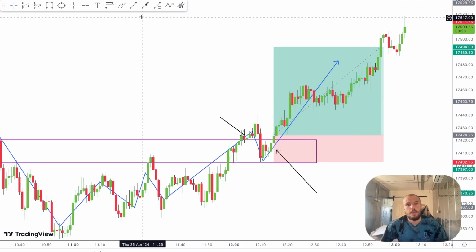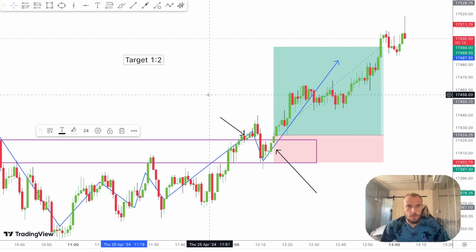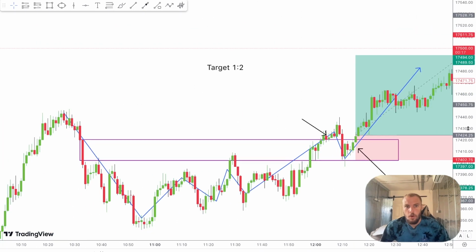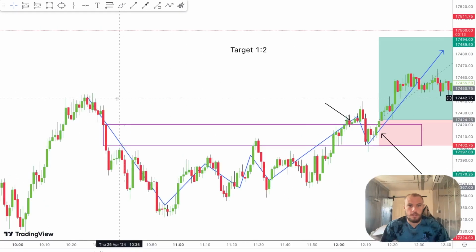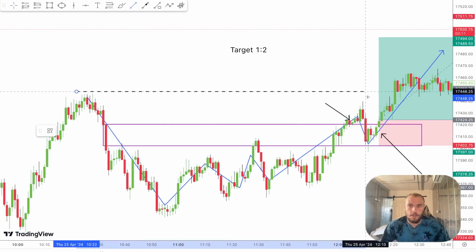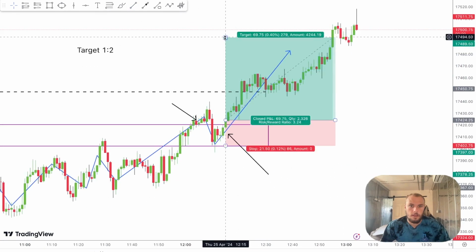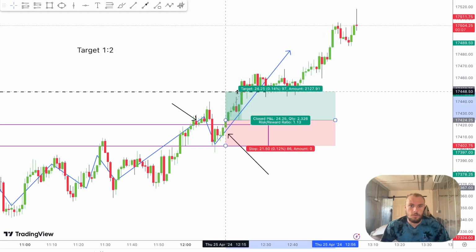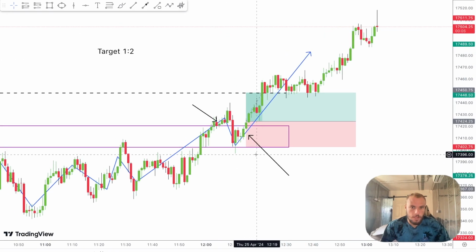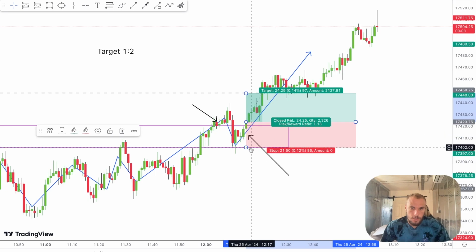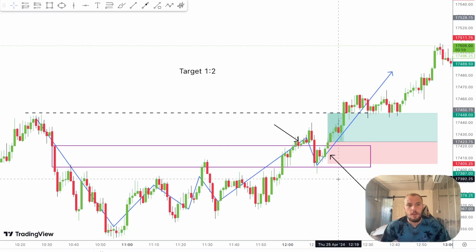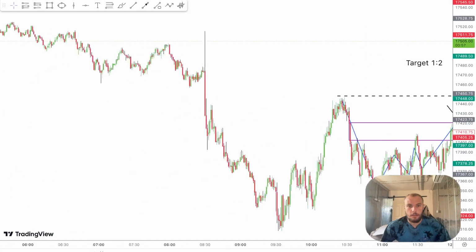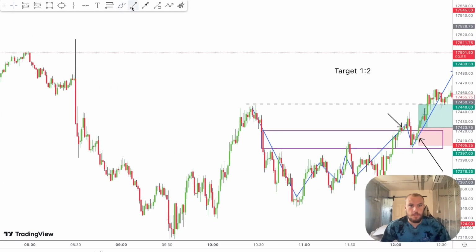I like to target 1 to 2 if you're going to set a hard stop loss, or a lot of the times I would maybe just target the nearby liquidity, which would be right here. Obviously this would give you only a 1 to 1.3 depending on your entry, and maybe you have this set like here, maybe you can get 1.3.